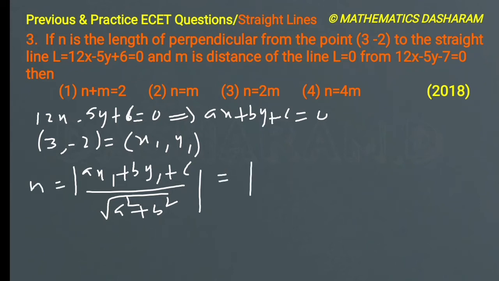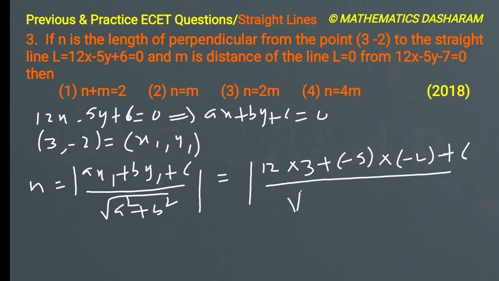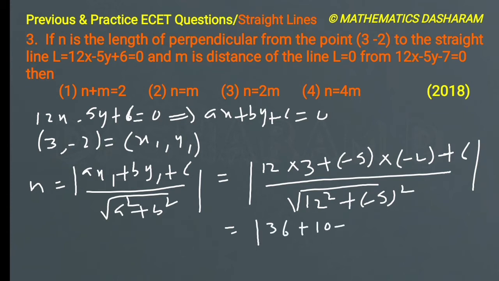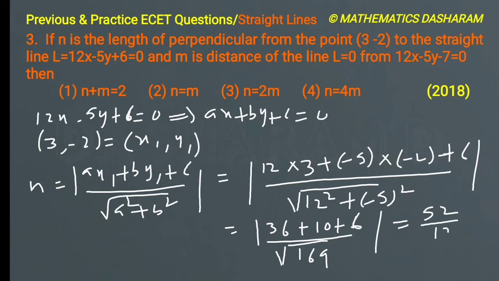So it equals a is 12, x1 is 3, plus b is minus 5 into y1 that is minus 2, plus c that is 6, divided by under root a square plus b square, 12 square plus minus 5 whole square. So 12 threes are 36, minus 10 plus 6, divided by 12 square is 144 and 5 square is 25, so it is 169. So it equals 52 divided by 13, 13 fours are 52.